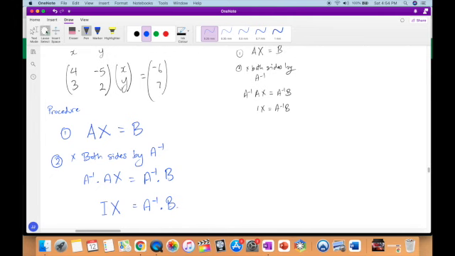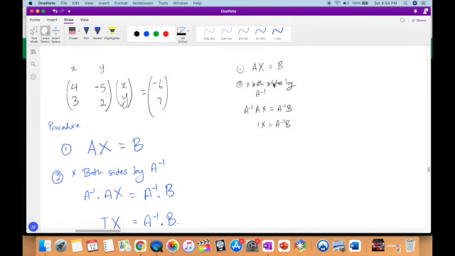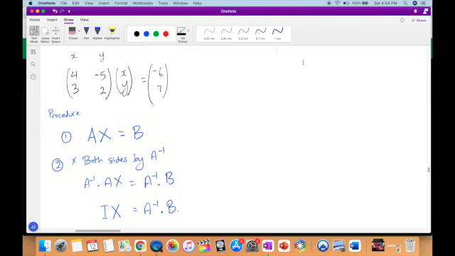So let's just do this example here, and then we'll call it quits for today. So the first thing I have to do is find A inverse. A inverse is 1 over the determinant. 4 2's are 8 minus, and 3 times negative 5 is negative 15.